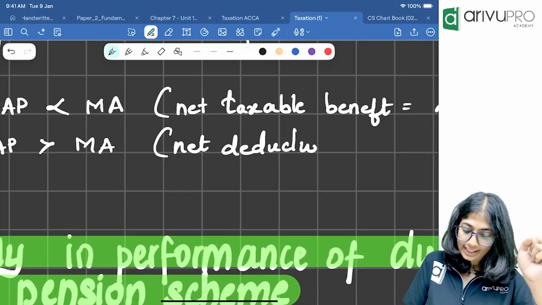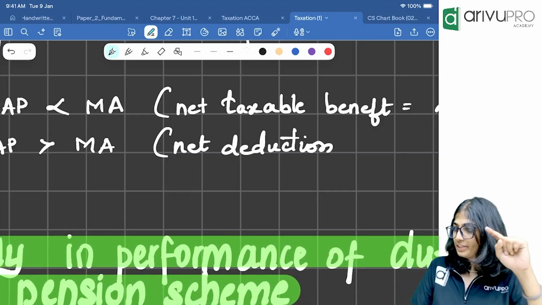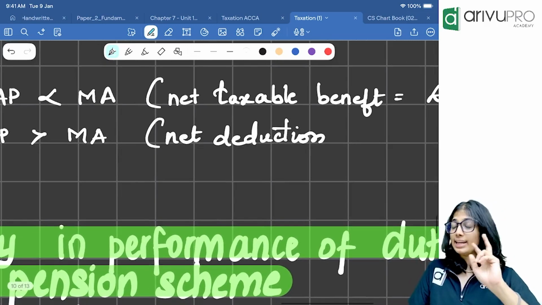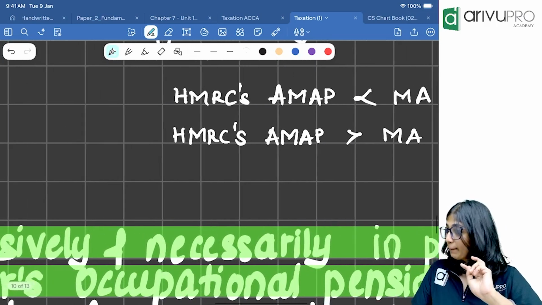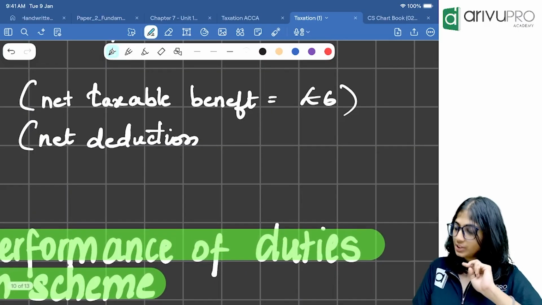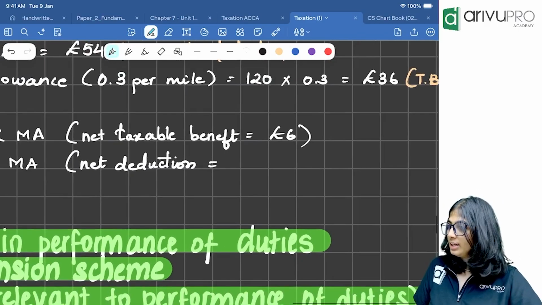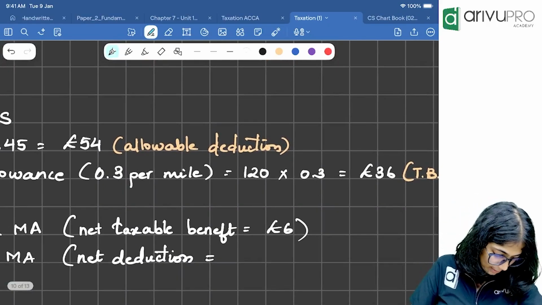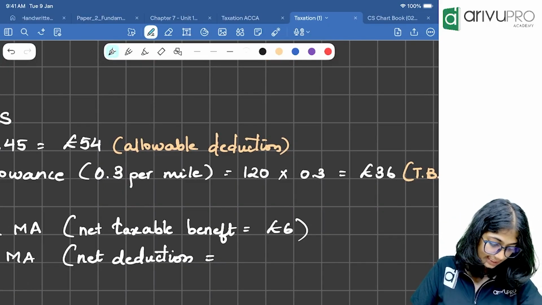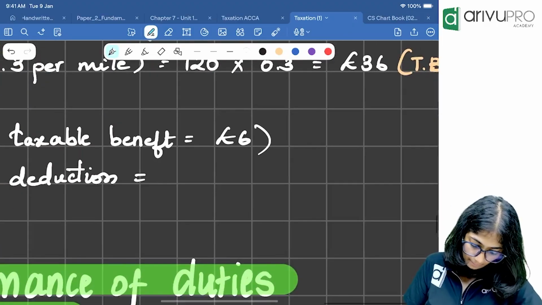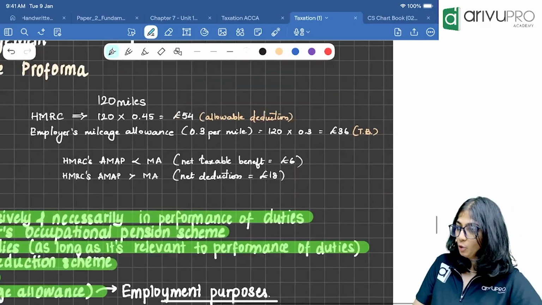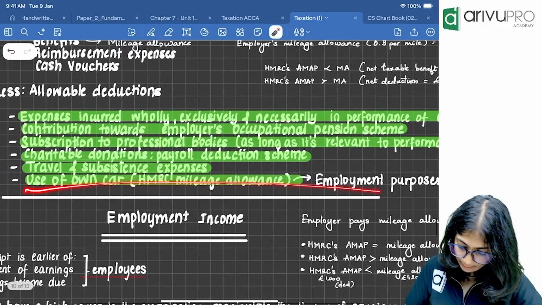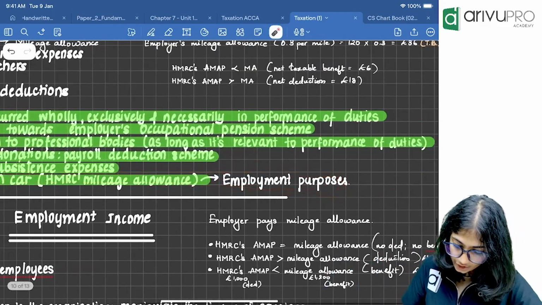Instead of adding it in the benefits column as mileage allowance and then again claiming a deduction for the HMRC's AMAP, you can claim a net allowable expense of how much? 54 minus 36. 18 pounds. Over here you can claim a deduction of 18 pounds.